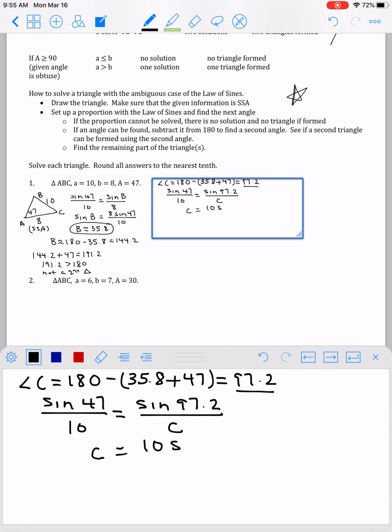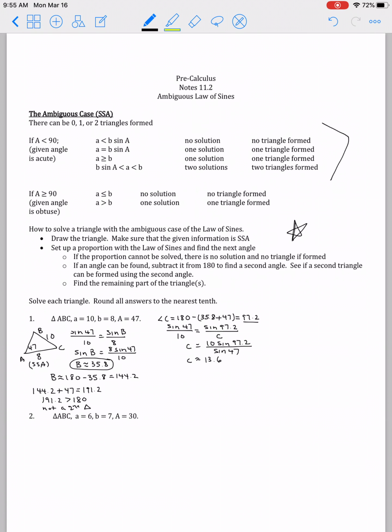So c equals 10 sine 97.2 over sine 47, and c is approximately 13.6. Now, that shows all of the missing parts. 13.6, we would put a c there. Okay, now let's try another one.